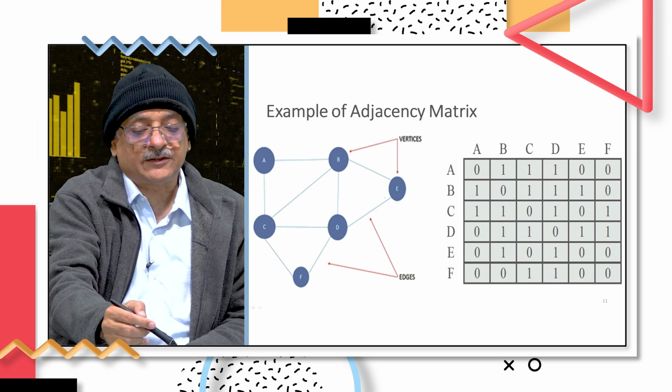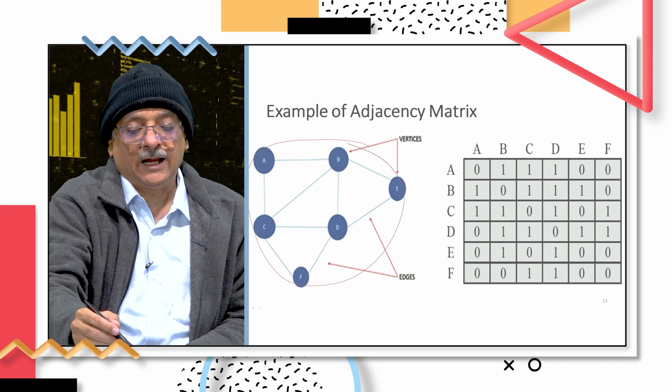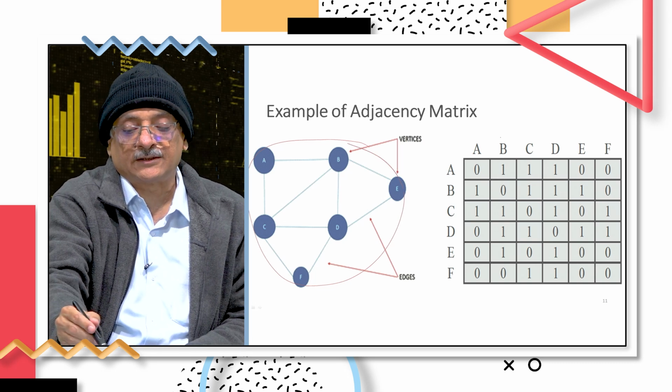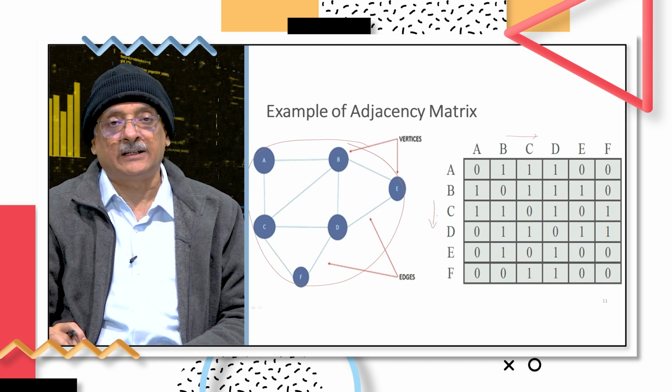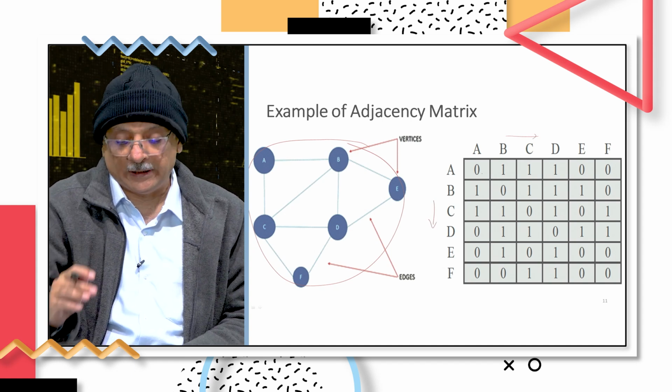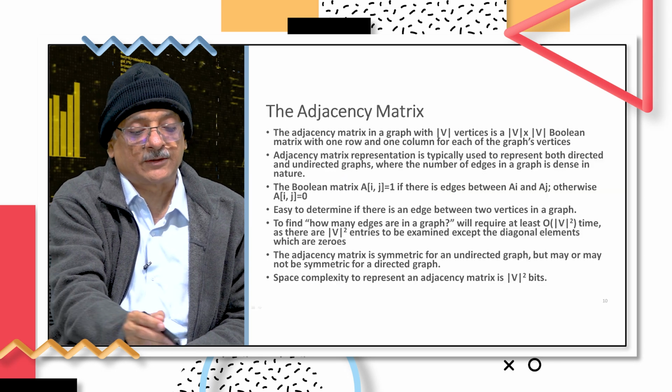There are 6 vertices over here, so we have a 6 cross 6 matrix representing it. Now, this matrix is Boolean. That is the only thing. So, that is what it means.